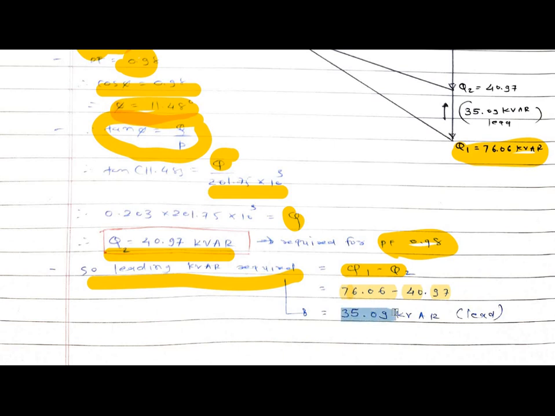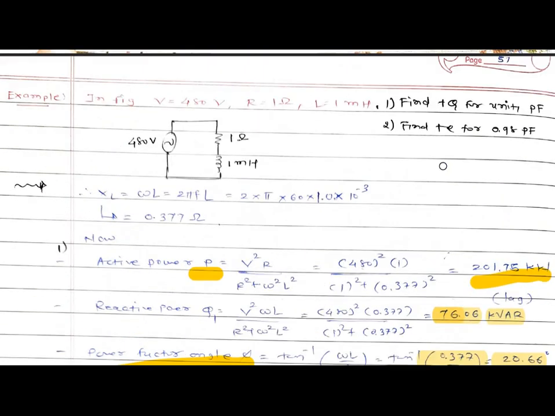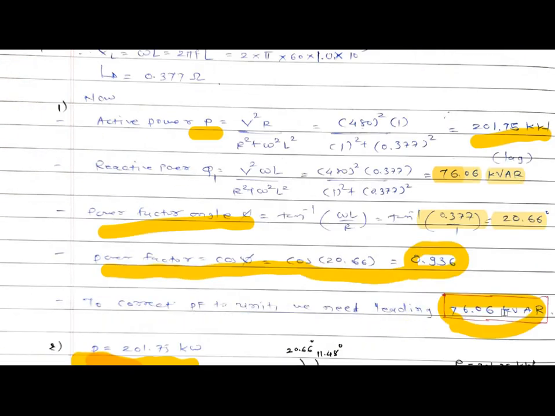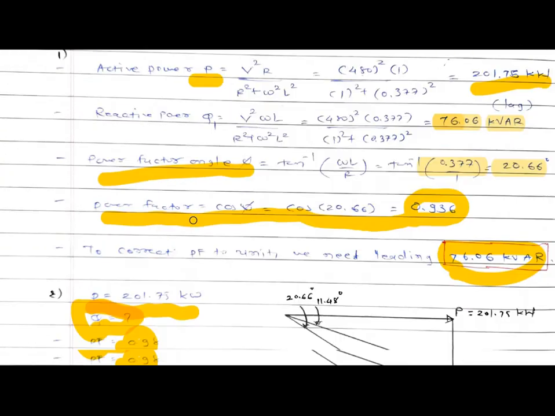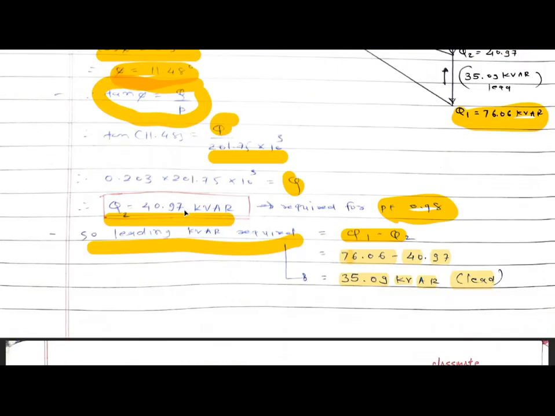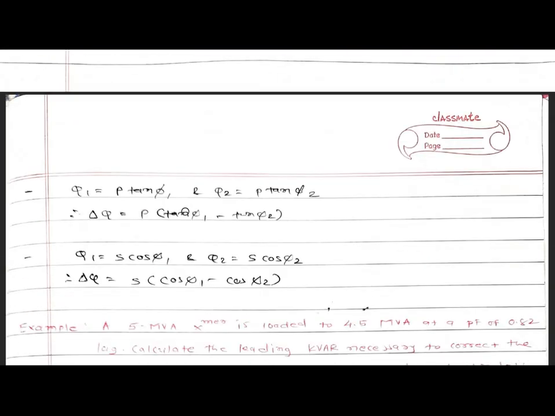So 35.09 kVAr leading is required for the 0.98 power factor. So this is the answer for question number 2, and 76.06 is the answer for problem 1. So this is the example based on the power factor correction.